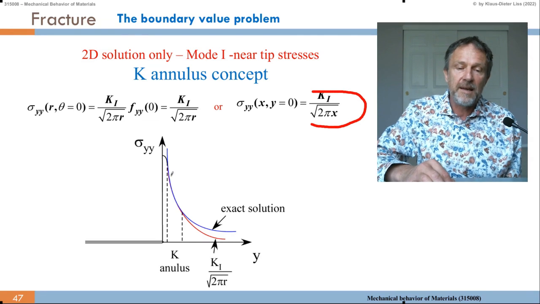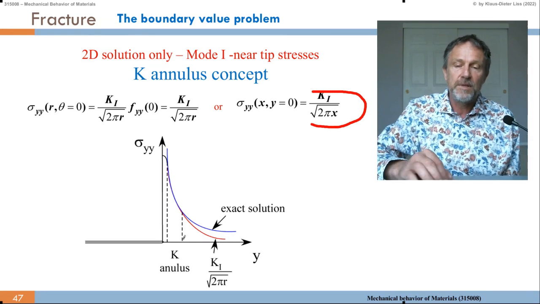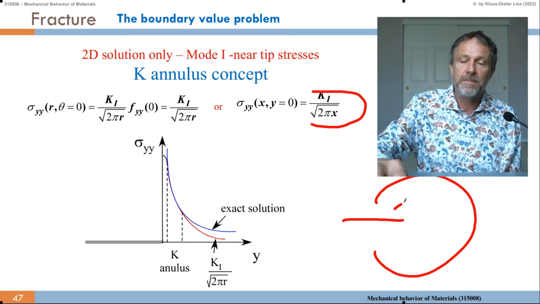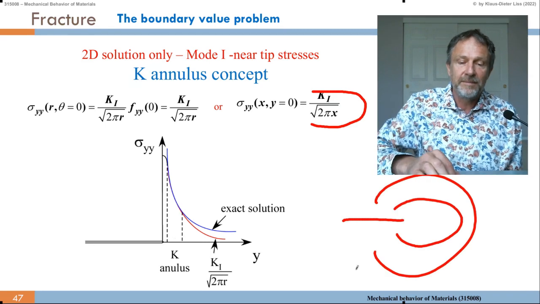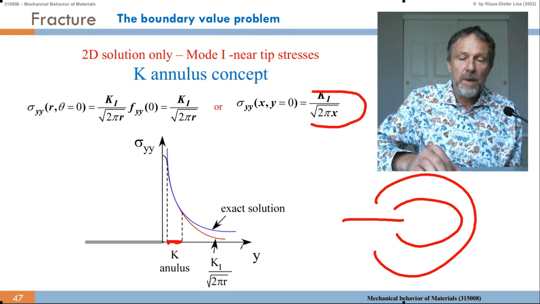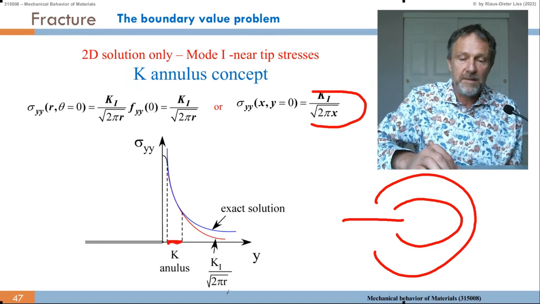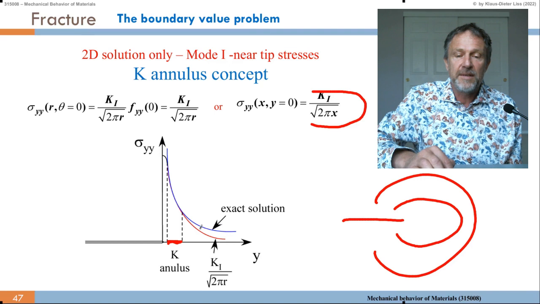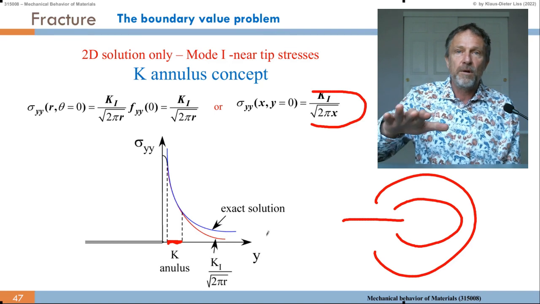And this is like a ring around the crack tip. So if you draw it in 3 dimensions, this is the crack tip, and in this ring, this region here, we have this behavior of the equation, and this is where it's critical. Inside it's not described by this elastic theory, and outside we don't care so much because the stresses go to lower magnitude anyway.